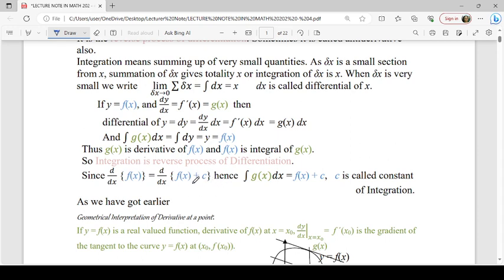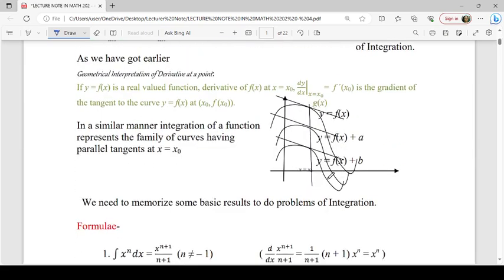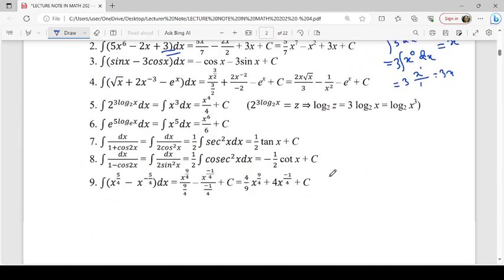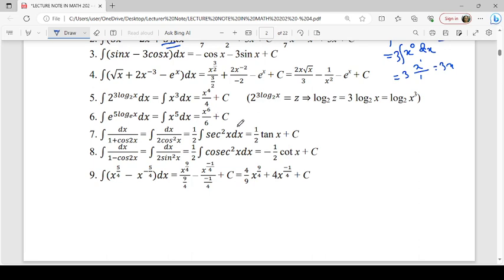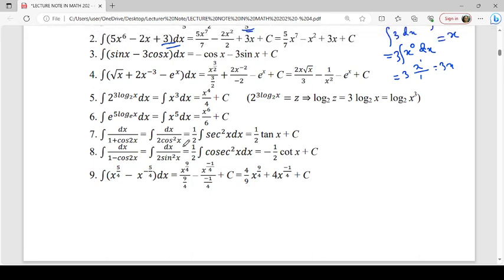Also when we take the derivative of f(x) plus c, we get the value g(x). That is why when we integrate this g(x), we must write f(x) plus some constant. So that is why in every integration problem, we need to write one constant. This is for indefinite integrals, and for definite integrals we will discuss later.